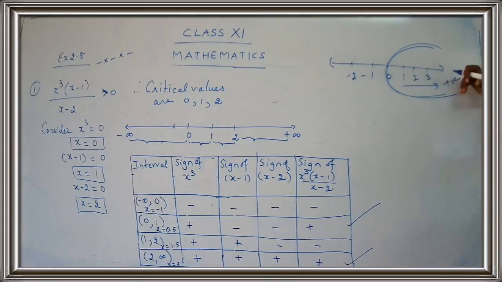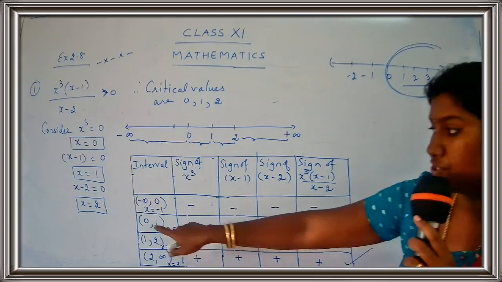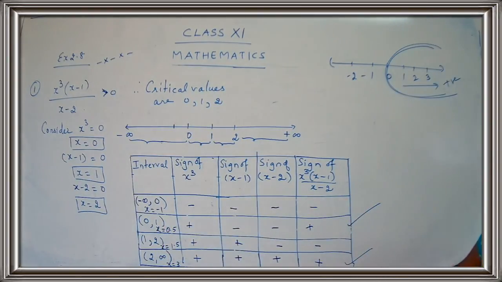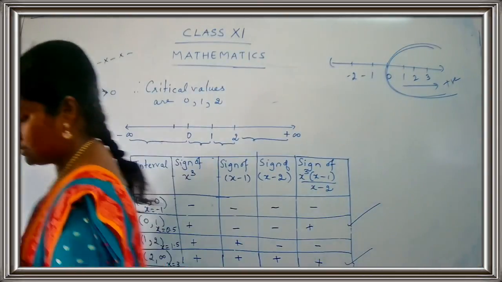What do you have on the right side of 0? You have the positive numbers on the right side of 0. So you are going to take the positive values. So two intervals have positive values, that is between 0 and 1 and 2 comma infinity. So let us write the final statement.